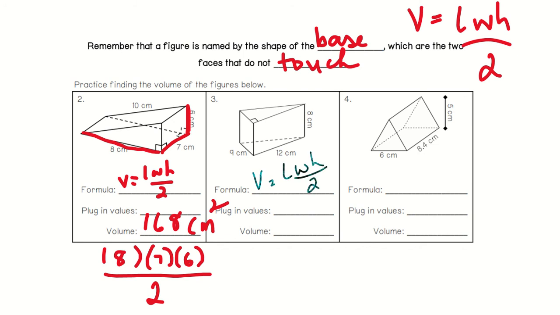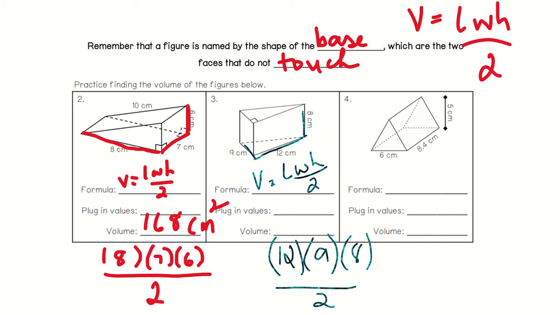Length of the shape would be, well, we only have 3 numbers here on this one, so it's just going to be 12, 9, and 8. 12 times 9 times 8 divided by 2 is 432 centimeters squared.